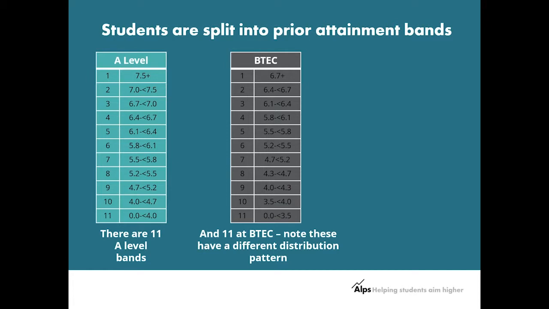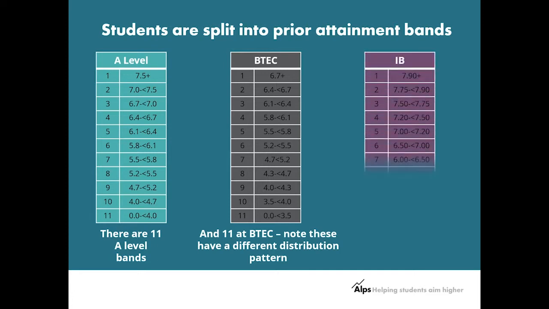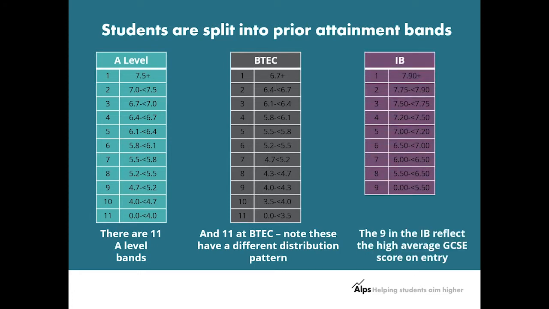However, notice that the distribution pattern of the BTECs is slightly different because of the nature of the students taking that qualification, and that's emphasised in the IB bands. There are only 9, but look at that distribution of bands. It's very much skewed towards the more able at GCSE, who are mainly the students taking those IB qualifications.